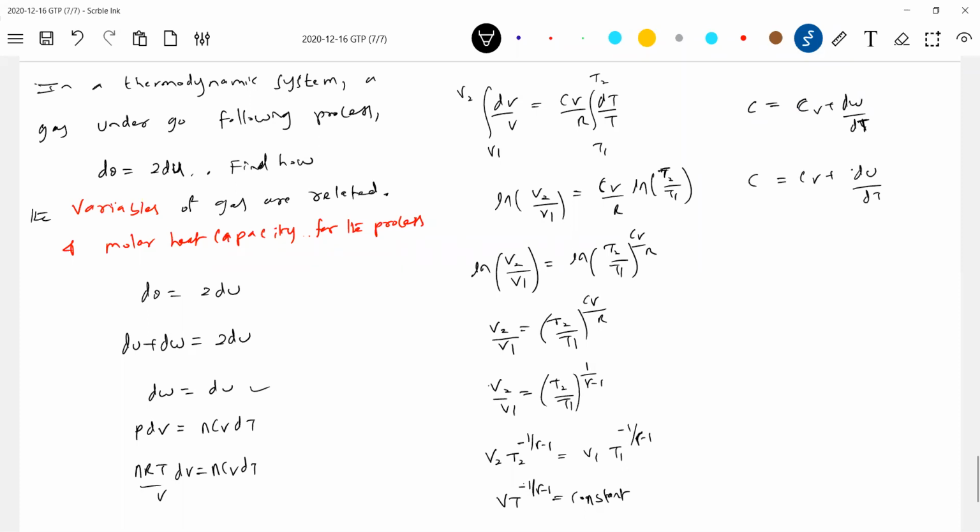Here is what we obtained, no? So dU by dt, what can we write it as? CV. CV for a monatomic gas is 3R by 2, for a diatomic gas 5R by 2. Small ideas, very important, especially for objective questions, no?